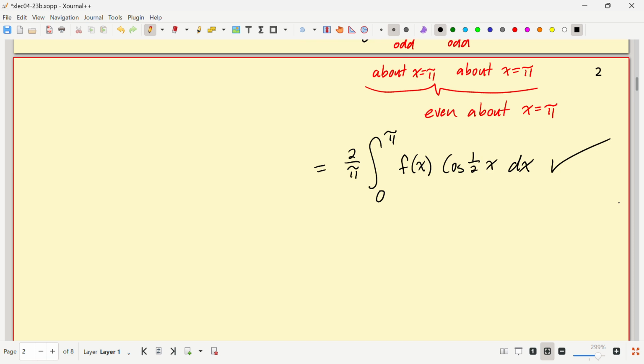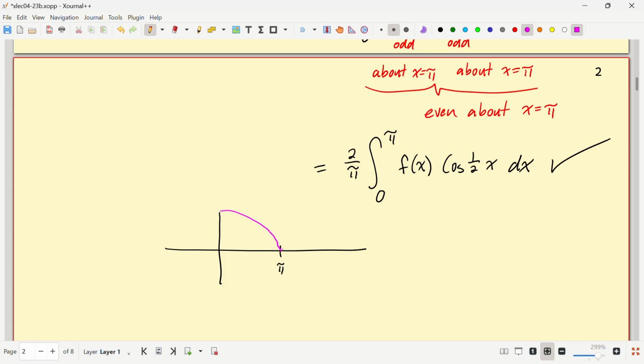So let's see, I should graph cosine half x. This is 2, this is 0 to pi. Cosine of half x would go, that'd be pi over 2. So cosine of pi over 2 is 0.